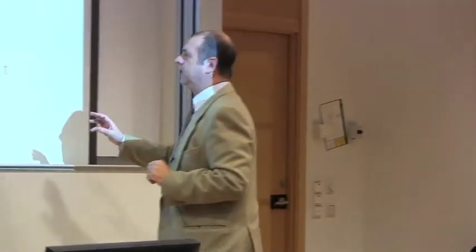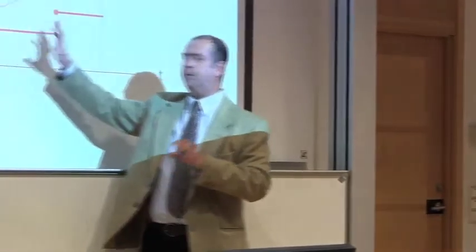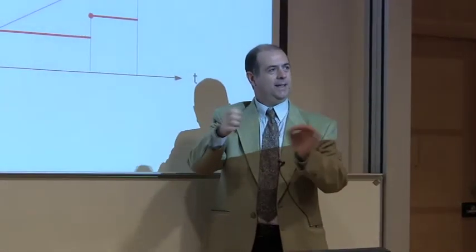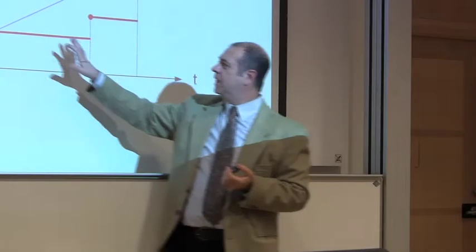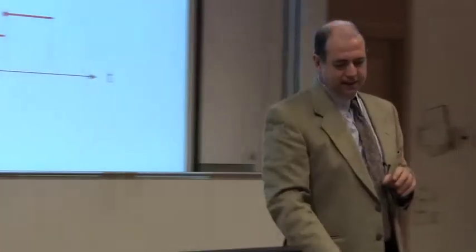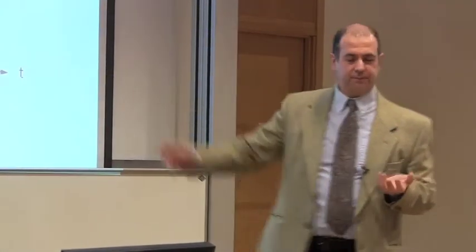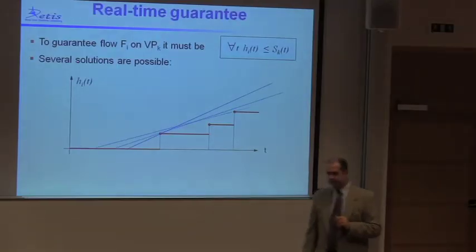Clearly, in order to derive the best parameters, alpha and delta, the minimum I need, I have several possibilities, right? Because this clearly is feasible, because the step function is below the service function. But also this is feasible, right? But this is characterized by a longer delay.